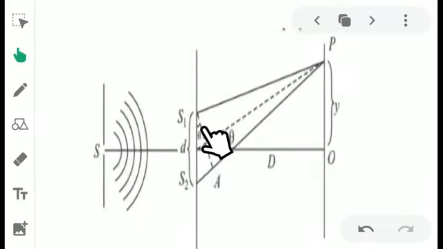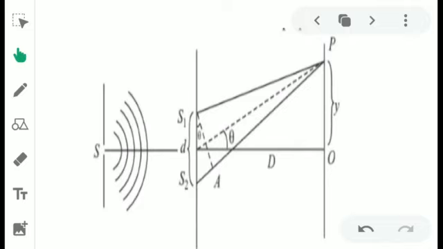Now we will see the schematic diagram of the experiment. S1 and S2 are the coherent sources. Capital D is the distance between the screen and the plane of the slit. Small d is the distance between the coherent sources S1 and S2.